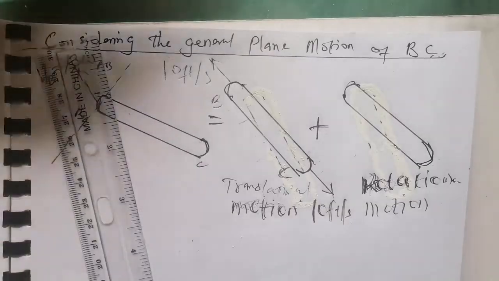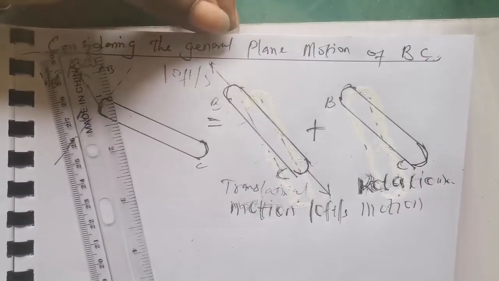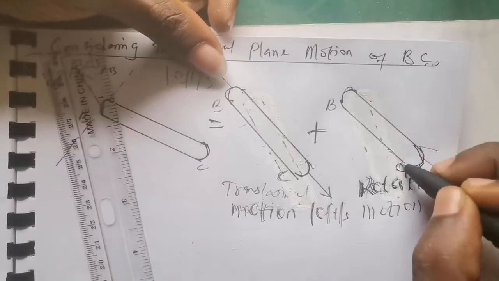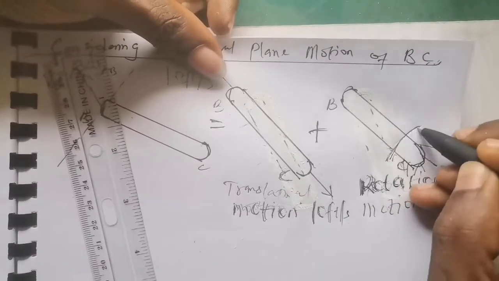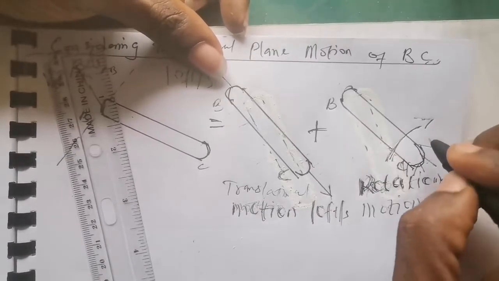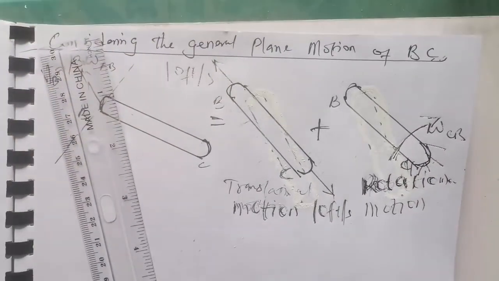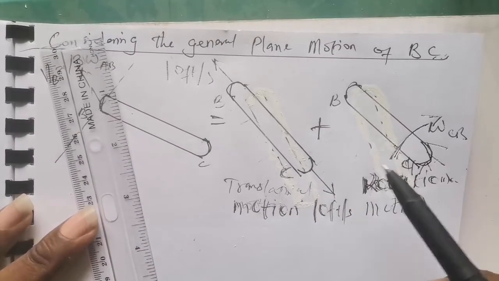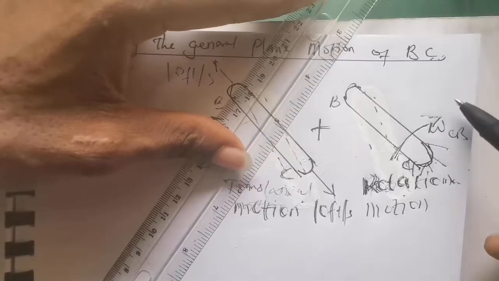Similarly, you rotate now. Remember, here is point B and here is point C. Since the velocity at point C is known, you fix this point, then you turn about it with a speed, which we simply call omega CB, the angular speed relative to B. Once you fix a point, the free end will have a relative velocity from C to B, which is linear, at 90 degrees to this arm and in the direction of motion.